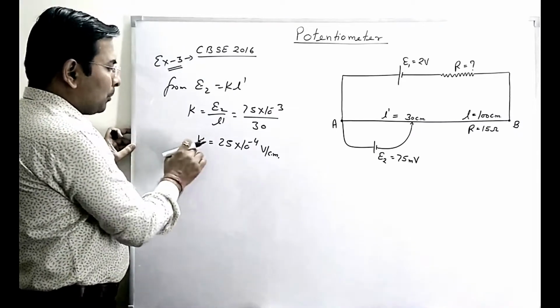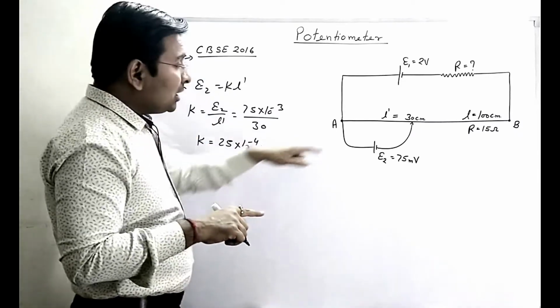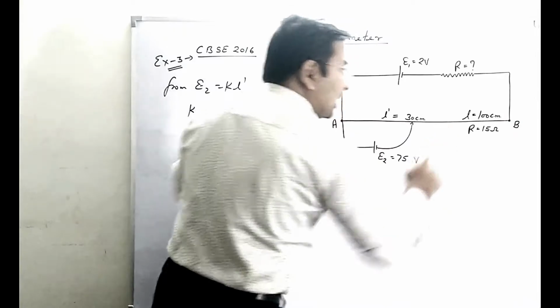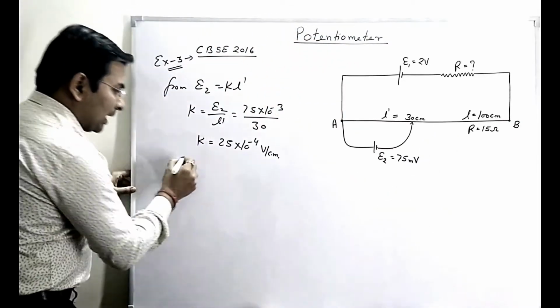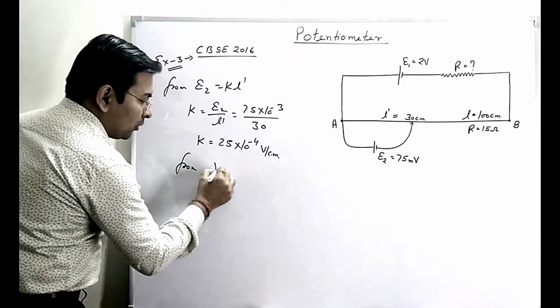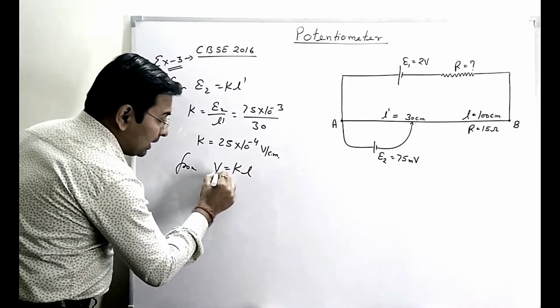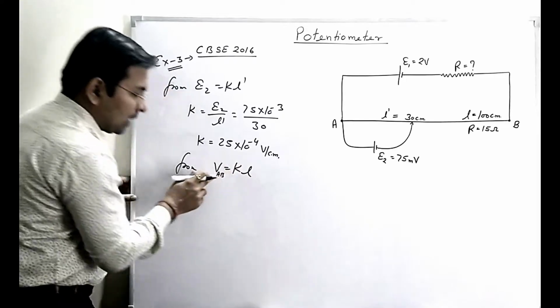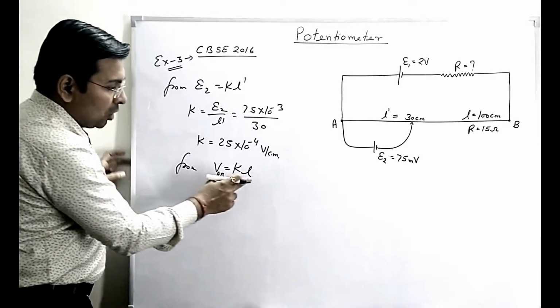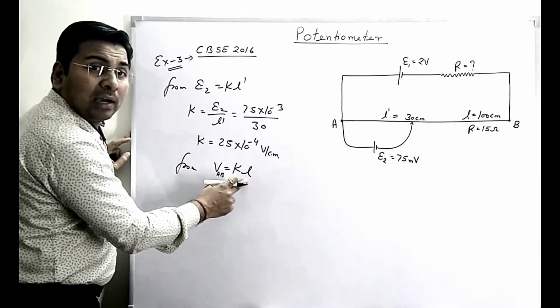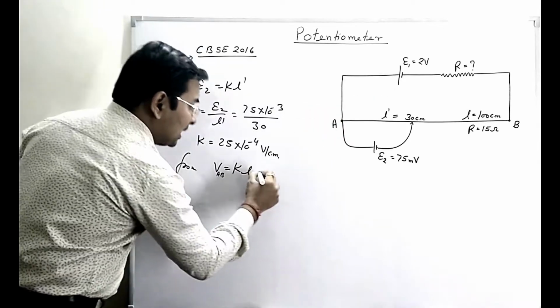Fine. Now with the help of K, can we calculate the potential drop across the wire AB? How can we calculate it? Again we will use the formula V equals KL. Now we need the potential across the wire AB, so obviously we will use the length of wire AB, and that is 100 centimeter.